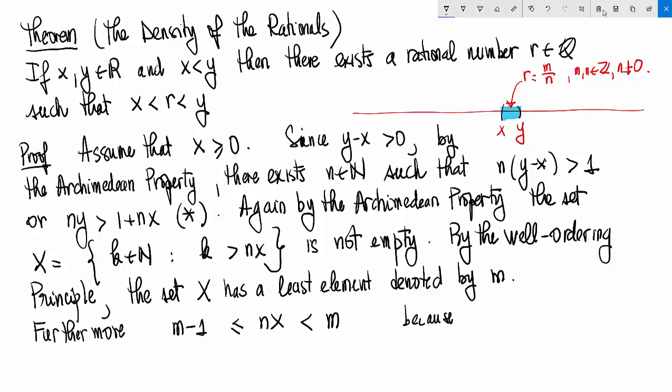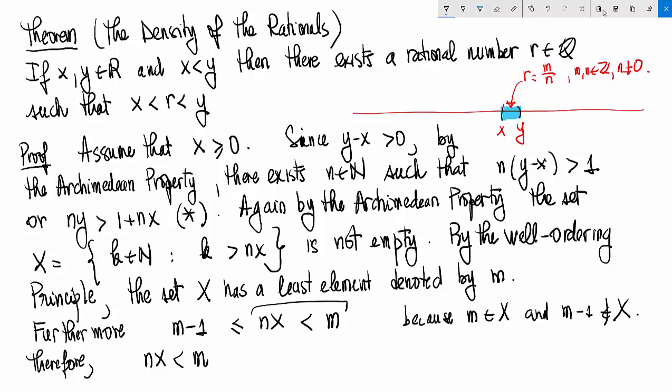This is true because m is in X and m minus 1 is not in X. Therefore we then have that n times x is less than m, okay, coming from this here, which is less or equal to nx plus 1.